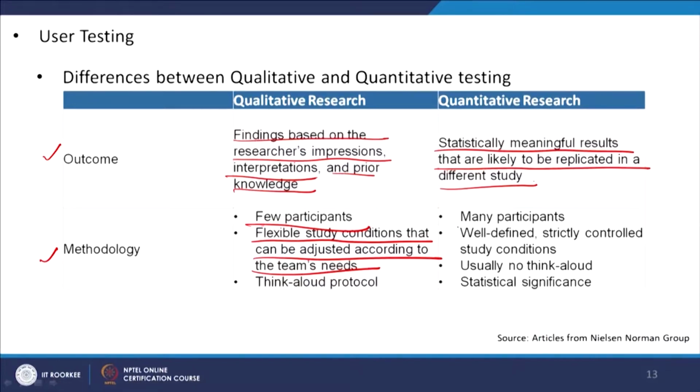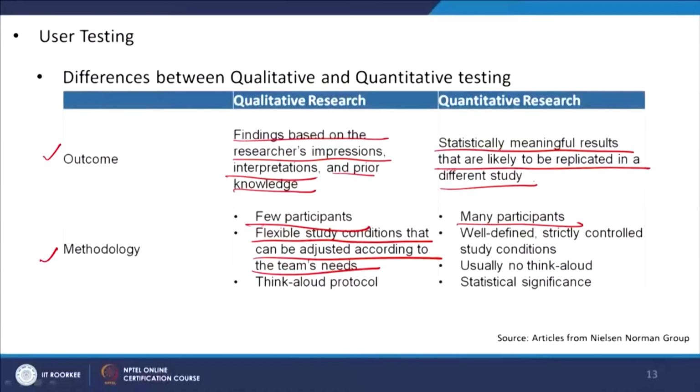In quantitative research, we go in depth, with many participants and a well defined setup. We cannot compare and tabulate the data of different user groups and club them together, because based on the setup and the user's persona, the numbers will be different.